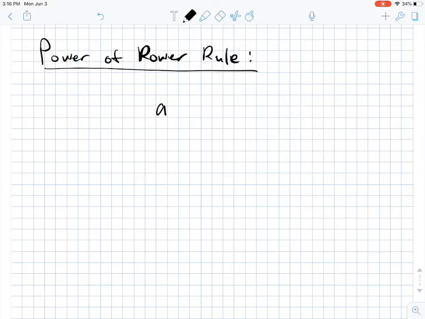Whatever the base is, to whatever the power is, and you have a power on the outside, you're simply taking that and multiplying the power on the outside by the power on the inside. In other words, I have the power of m on the inside with the power of n on the outside, and I'm just going to simply multiply the n and the m, however you look at it.